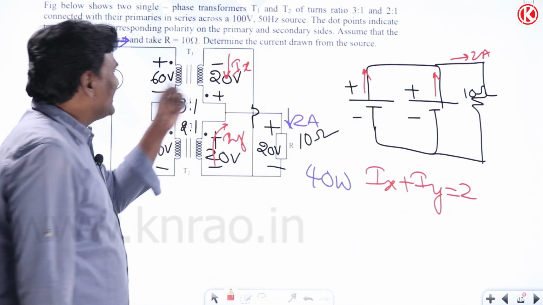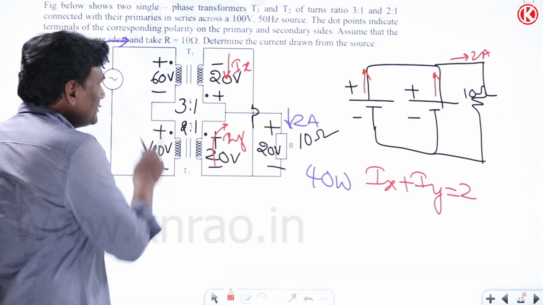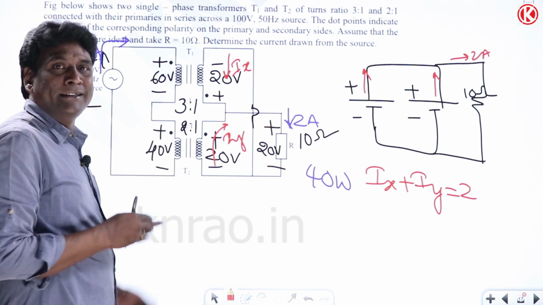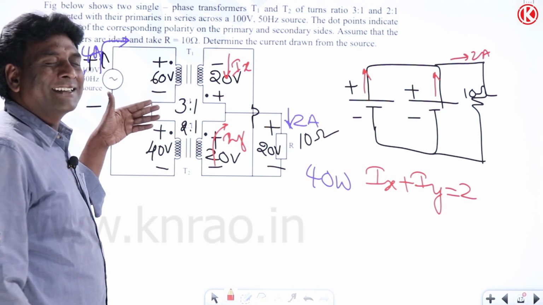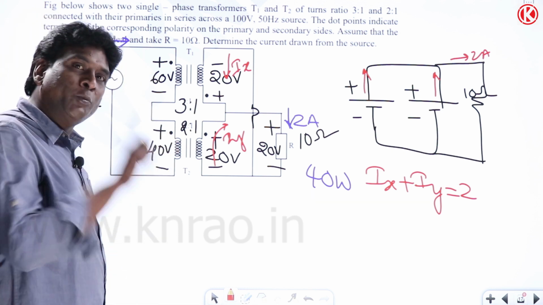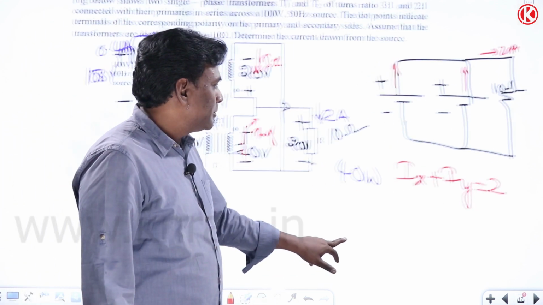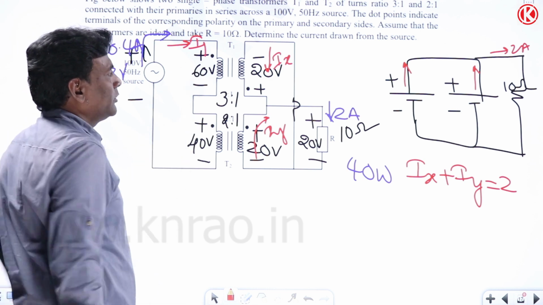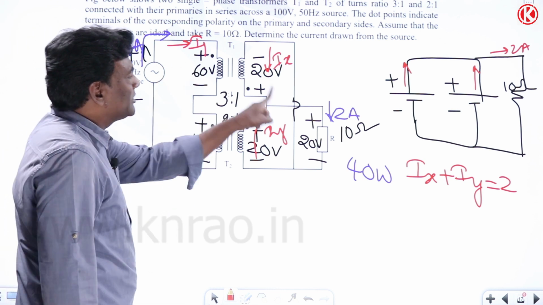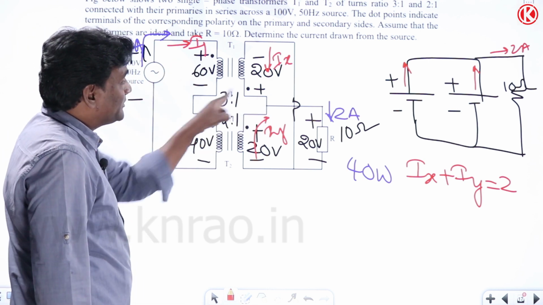Now what is Ix? See, because these two are connected in series, the moment these two are connected in series, meaning that current should be same. Now if I think of this current as I1, how much will be this current? This is HV, this is LV.